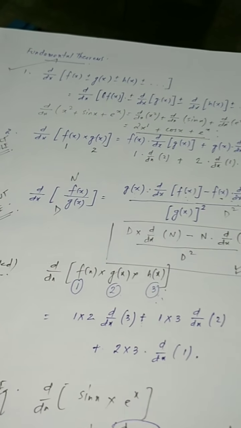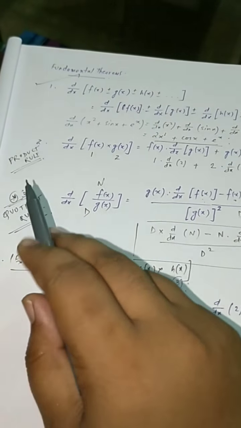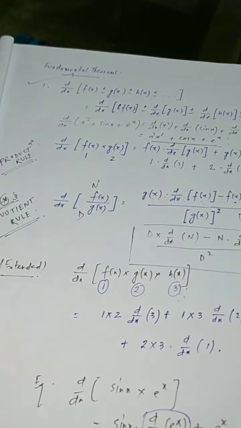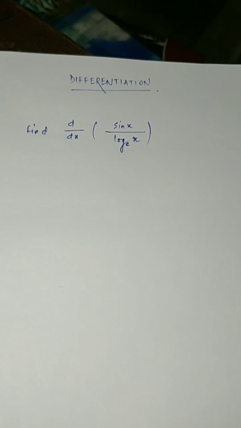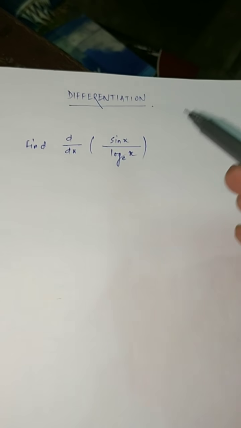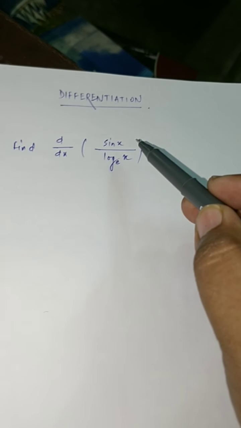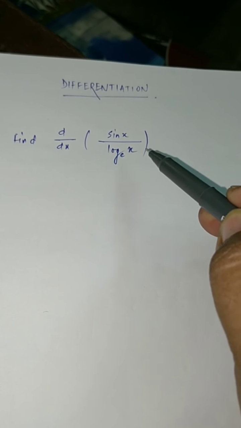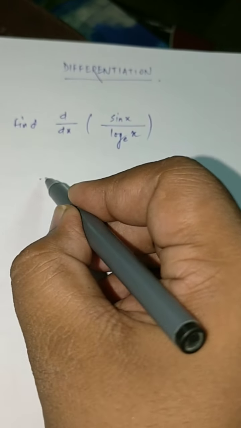Let me take one simple example following the quotient rule. So this is the question in front of us. Find d/dx of sin x upon log x base e. We can correlate this question with the third theorem, that we have a numerator by denominator form. Let me apply the theorem first.